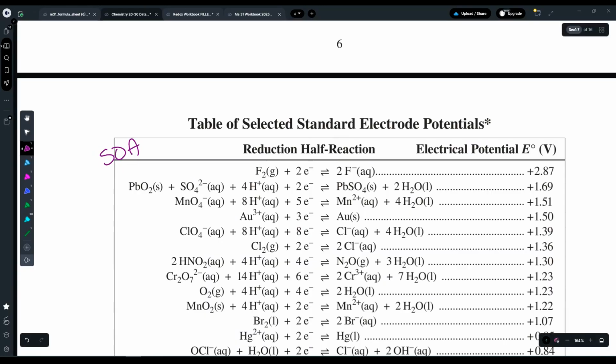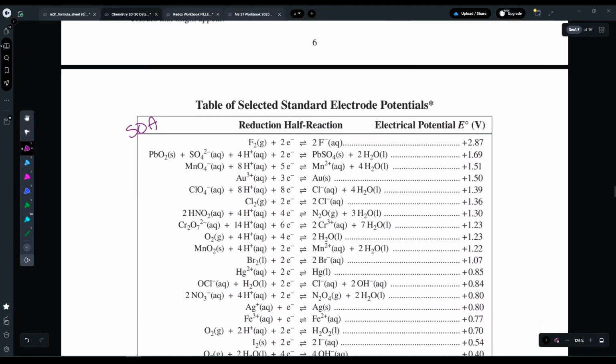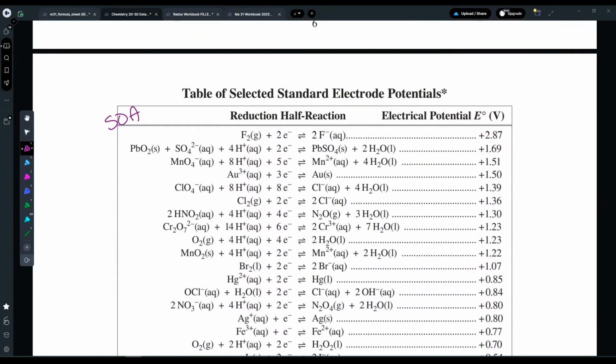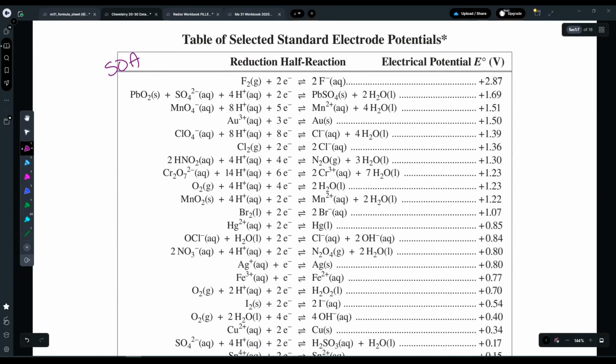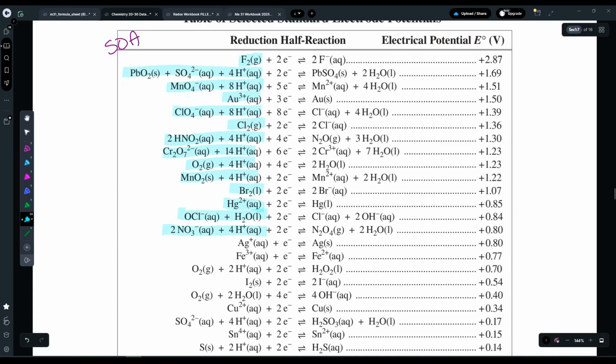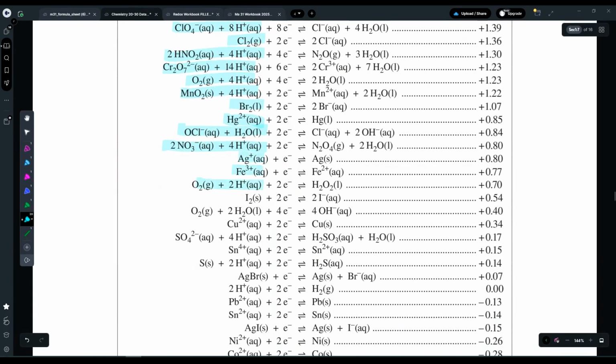One thing to be mindful of with this table is that all of your oxidizing agents are on the left-hand side of the reaction arrow. If I highlight this really quick, I'm not going to highlight the electrons, but all of these on the left-hand side are oxidizing agents.